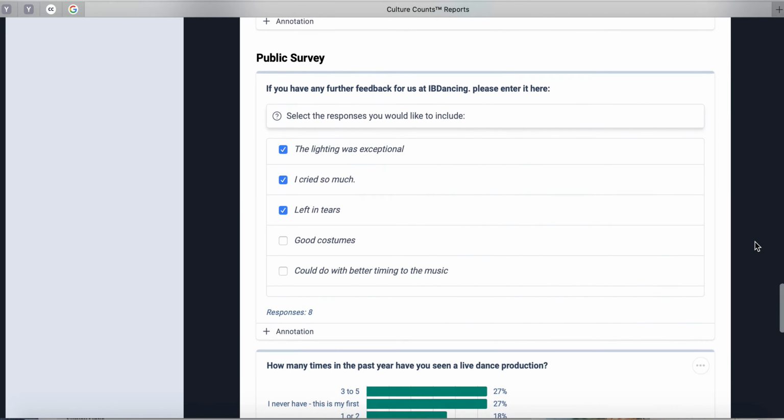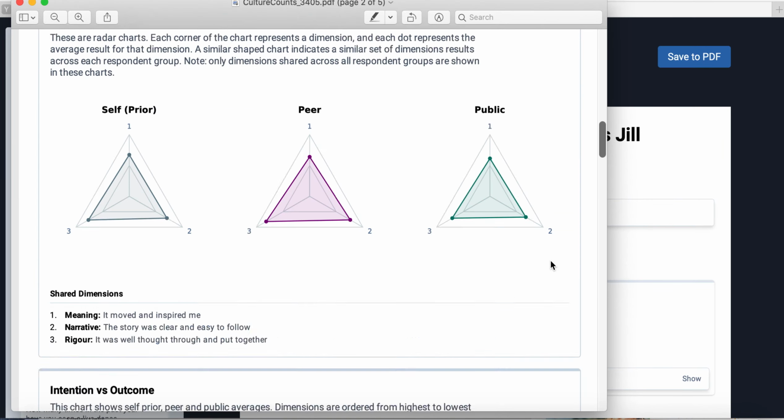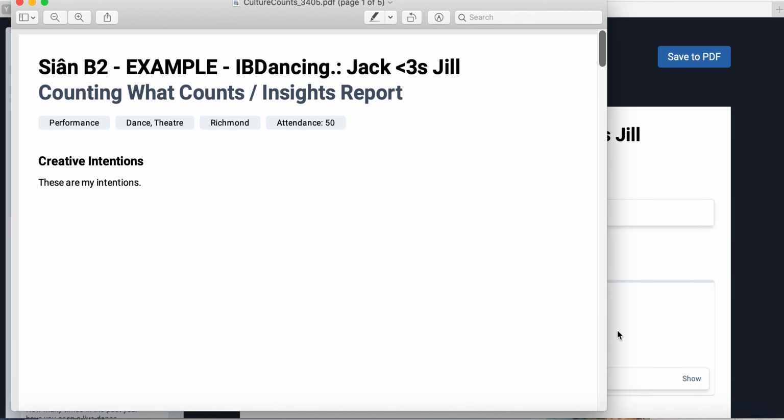You can see here, it has all been pulled through into an easy to read PDF. And you can very easily save it and email it to your relationship manager, and then you will have completed the process on creating an evaluation, carrying out the evaluation, submitting the data to Arts Council, and sharing your report with your relationship manager.